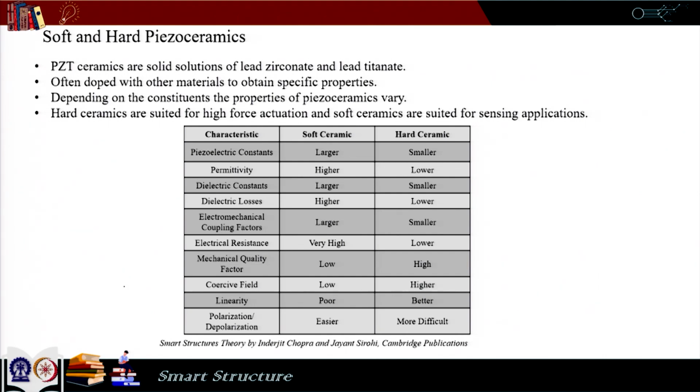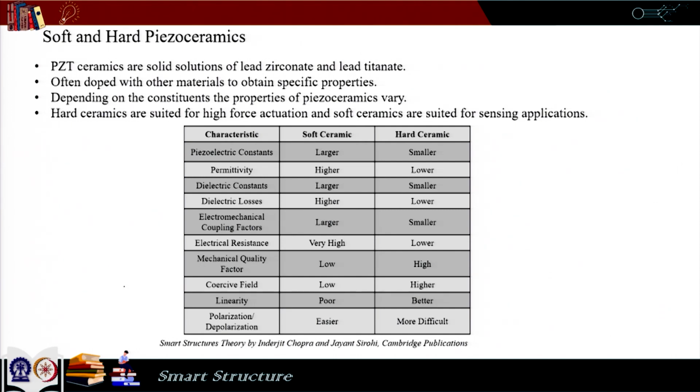Here are some characteristic comparisons. Piezoelectric constants are larger for soft ceramic and smaller for hard ceramic. Permittivity is higher for soft ceramic, lower for hard ceramic. Dielectric constants are larger for soft ceramic and smaller for hard ceramic. Dielectric loss is higher for soft ceramic and lower for hard ceramic. Electromechanical coupling factor is larger for soft ceramic, smaller for hard ceramic. Electrical resistance is very high for soft ceramic and lower for hard ceramic.